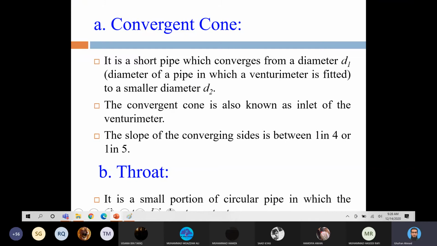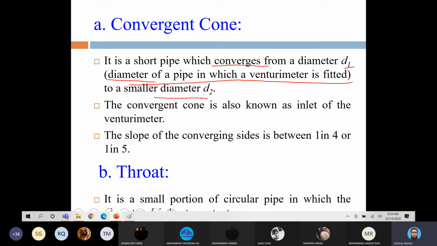Now we will discuss its three components. One is the convergent cone. Converge means the diameter is converging. It is a short pipe which converges from a diameter D1, which is the diameter of the pipe in which the Venturi meter is fitted, to a smaller diameter D2.